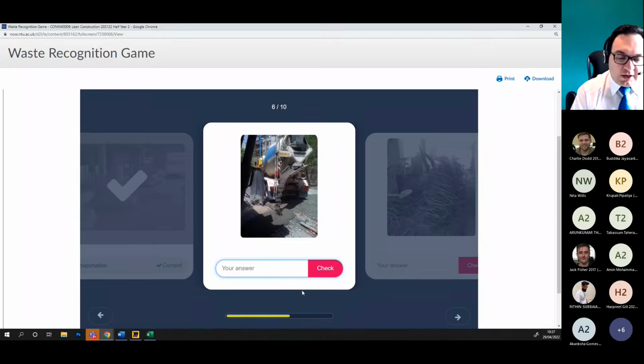So what type of waste is this? Overprocessing, overproduction, transportation, overproduction, overproduction.